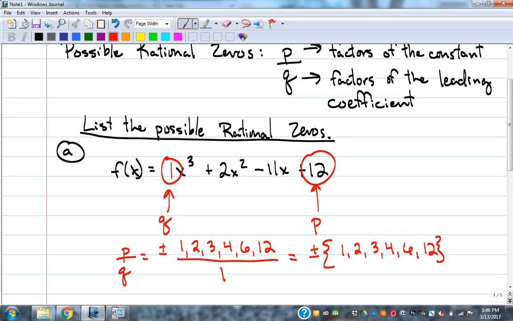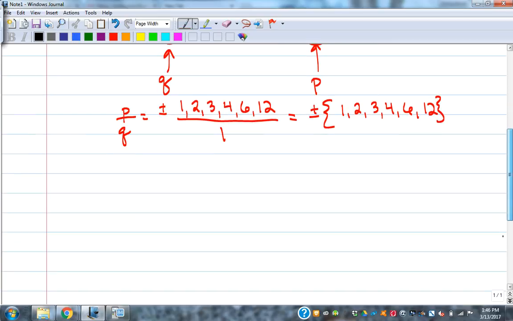Okay, it could have been any number in the world. We've narrowed it down to a list of 12 of them, and that's going to help us. And we'll see how we're going to use that in a second. So let's get used to making that list first, because that list is handy every single time we do a problem, because it gives us ideas of what to try even.